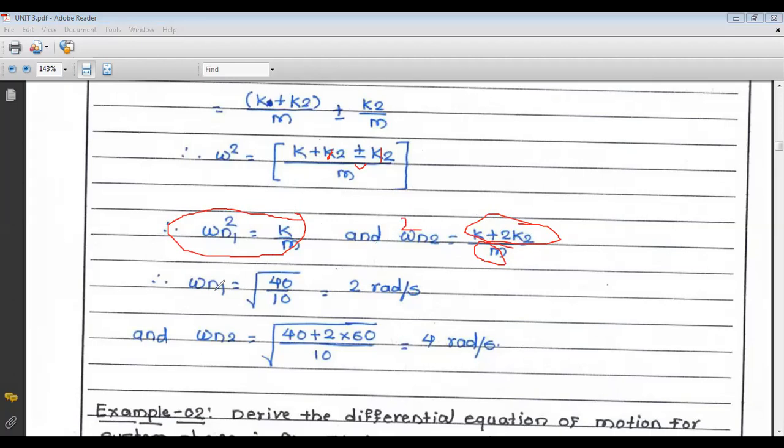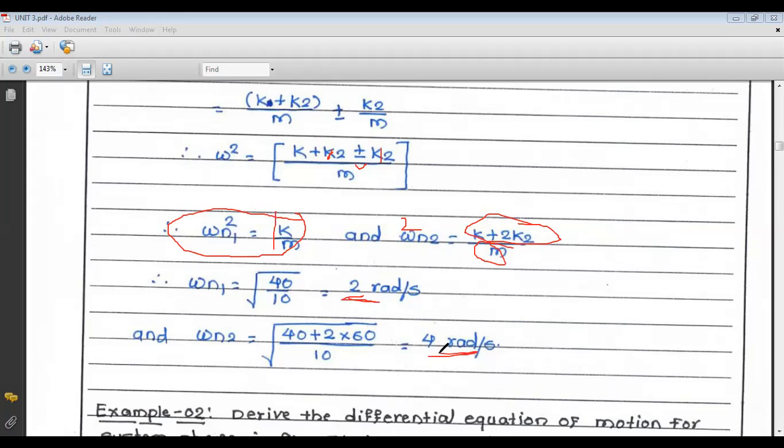So therefore omega n1 is equal to square root of k by m. So the square root of 40 divided by 10 becomes 2 radian per second. And omega n2 is equal to square root of (k plus 2k2) upon m. So k is 40 plus 2 into k2, where the value of k2 is 60, upon 10.